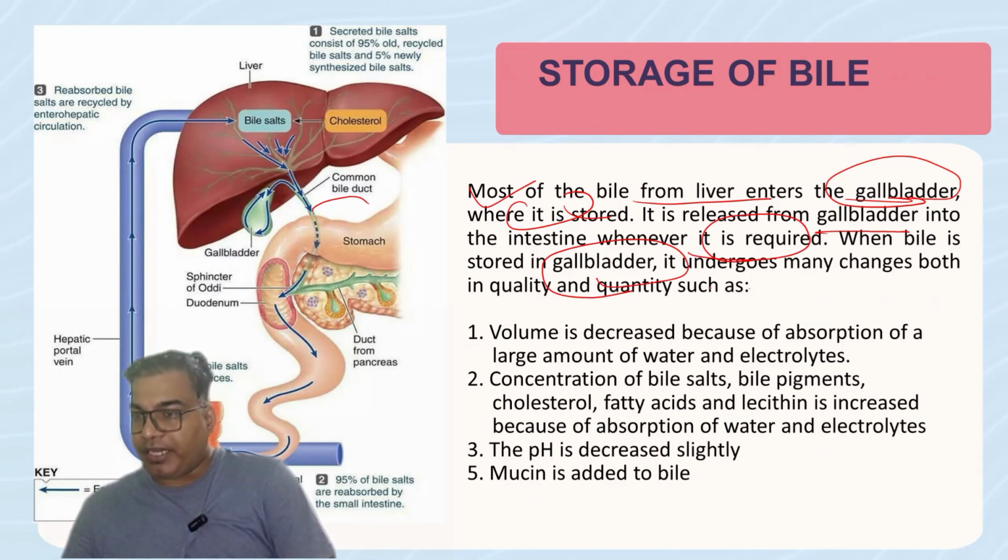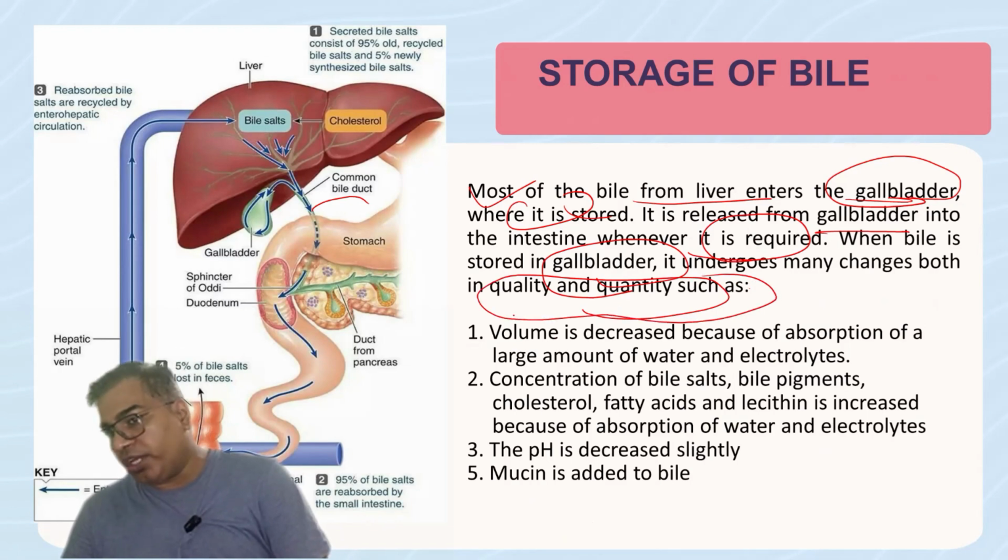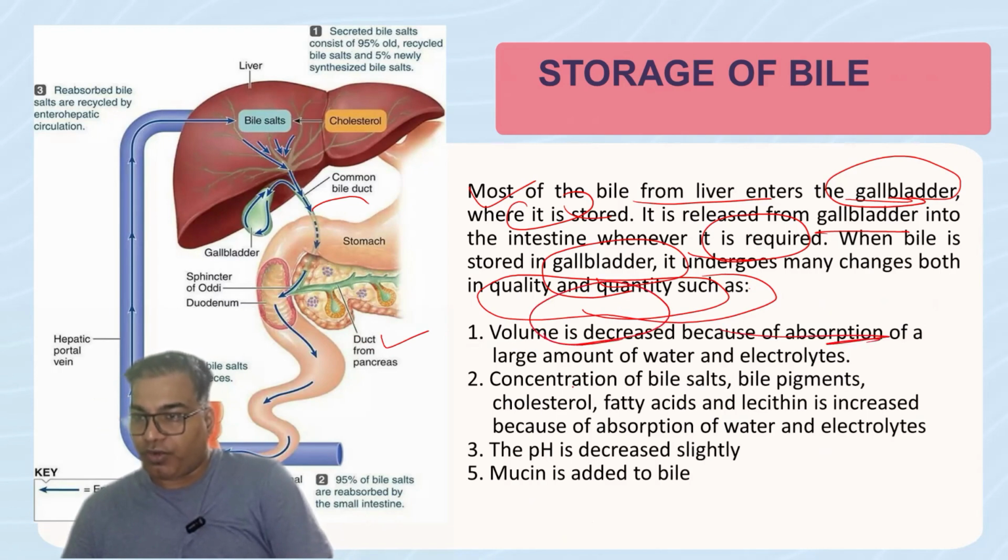So when bile is stored in the gallbladder, there are some specific changes related to its quality and quantity. The first one is that the volume is decreased because of the absorption of a large amount of water and electrolytes. The concentration of bile would be changed.